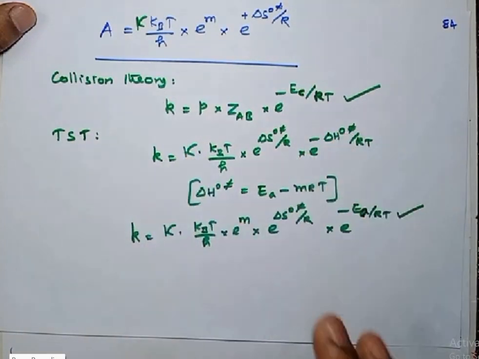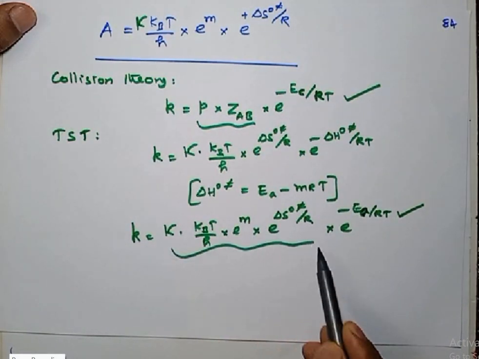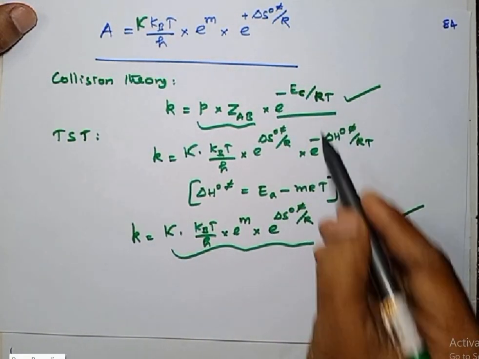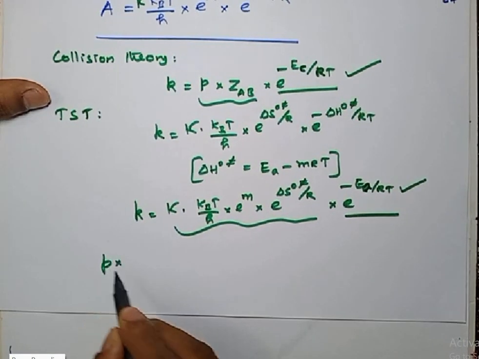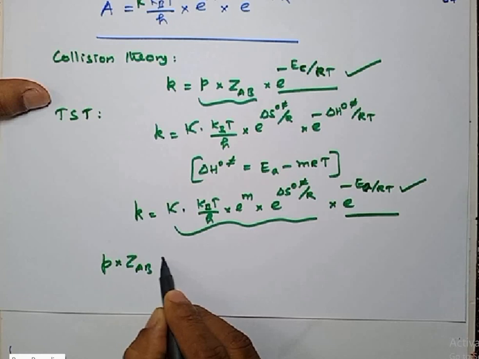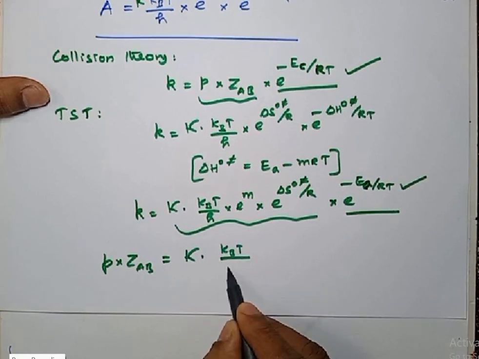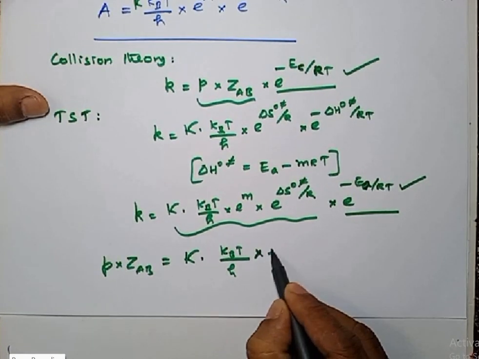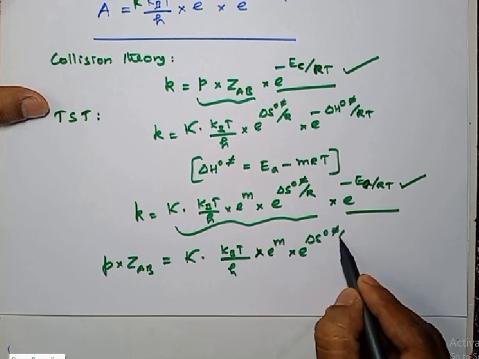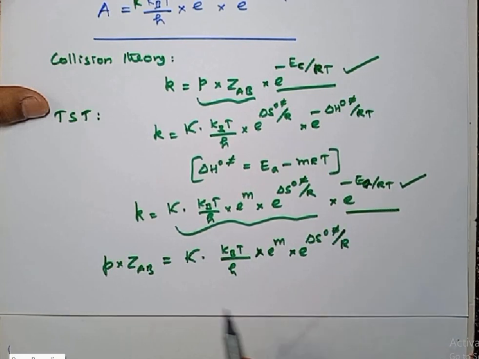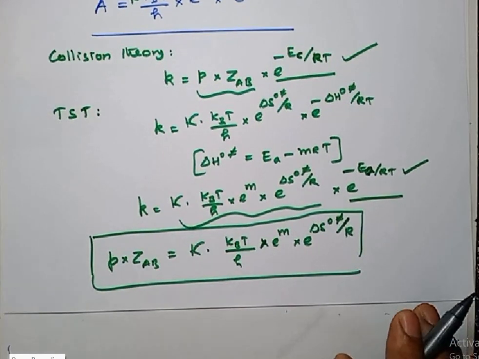If these two terms are equal, then P into ZAB is equal to kappa into kBT by h into e power m into e power delta S naught double dagger by R. Okay, take down. Very, very important.